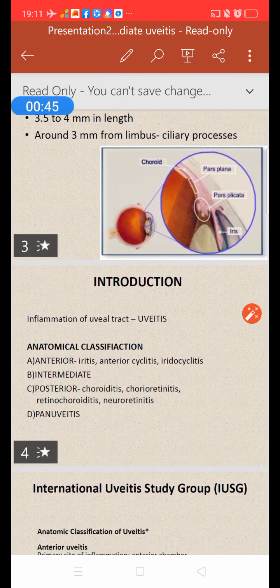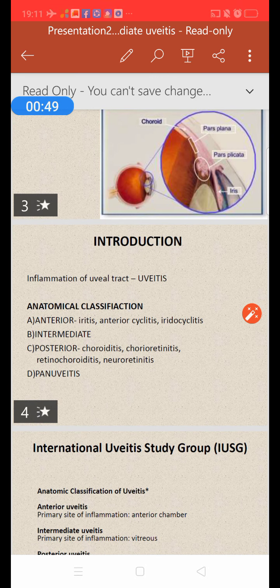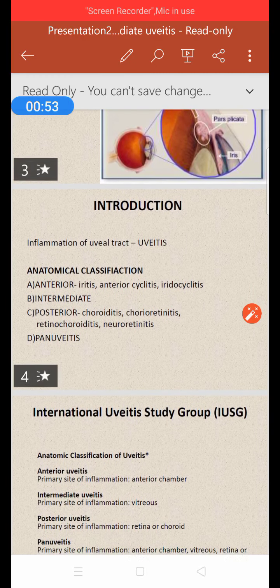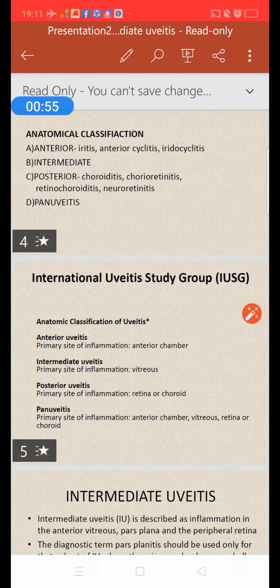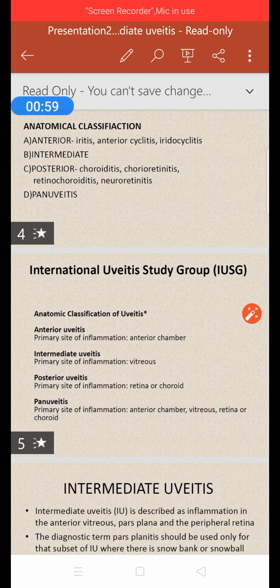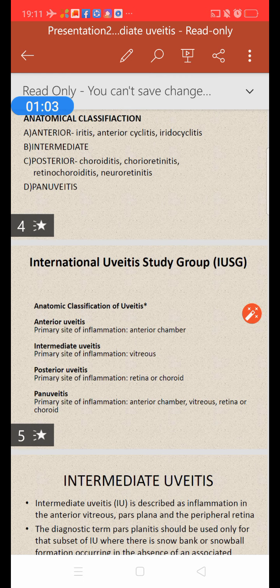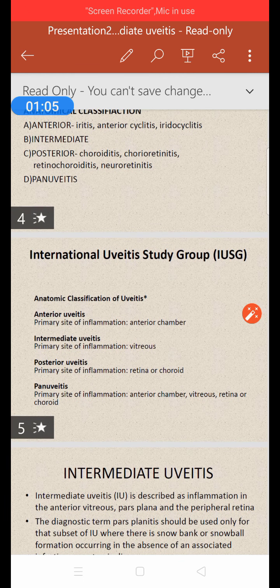As you are already aware of the classification of uveitis: anterior, intermediate, posterior, and panuveitis. According to the International Uveitis Study Group, the classification is based on the primary site of inflammation. In anterior uveitis, the primary site is the anterior chamber.